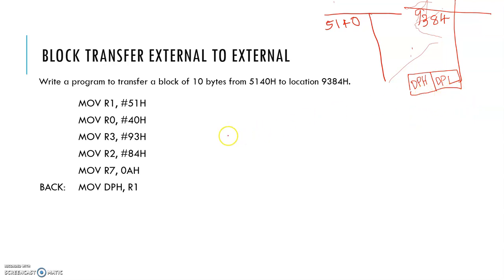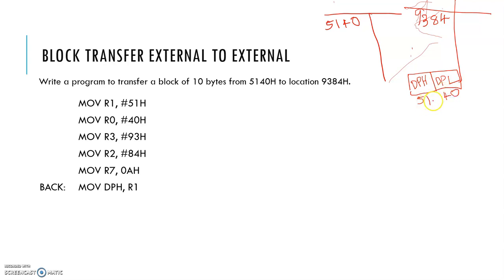So to point the first data, that is 5140, the higher byte should be loaded to the DPH and the lower byte should be loaded to DPL.